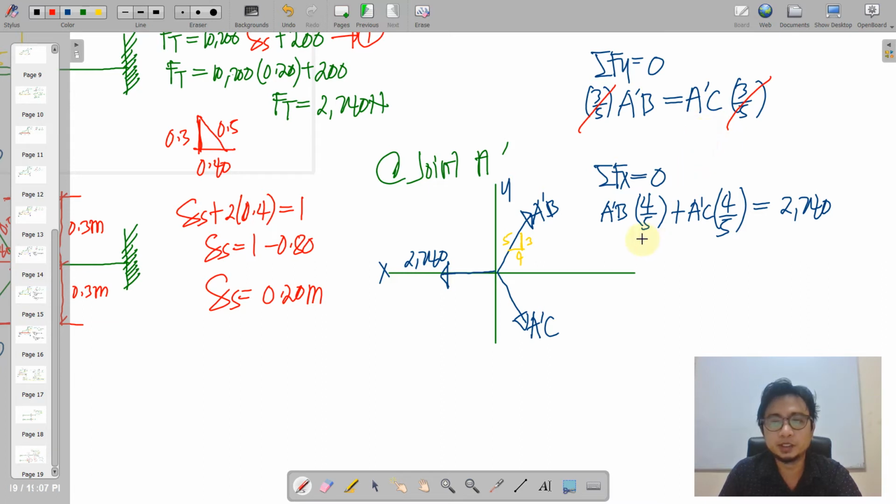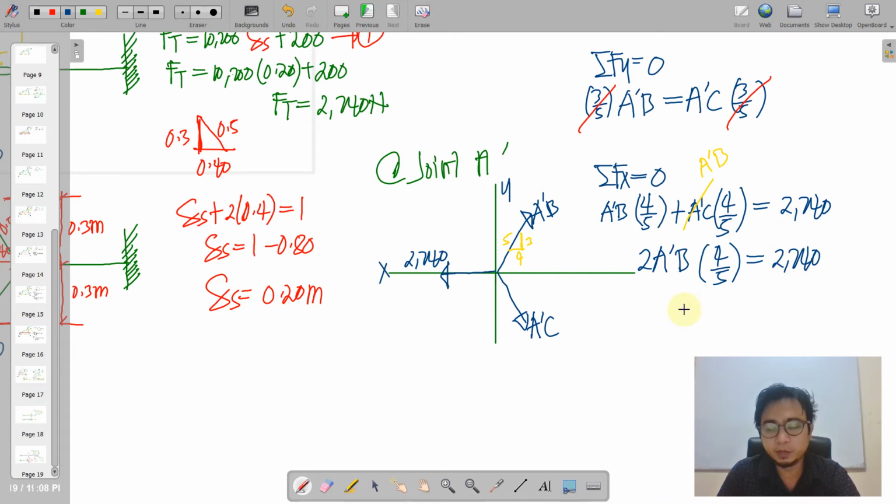So if it is equal, we can now combine this into 2A prime B. If this is to be changed by A prime B, we multiply by this 4/5 or the common factor and just place that right term there.